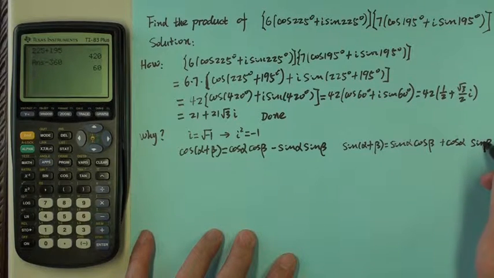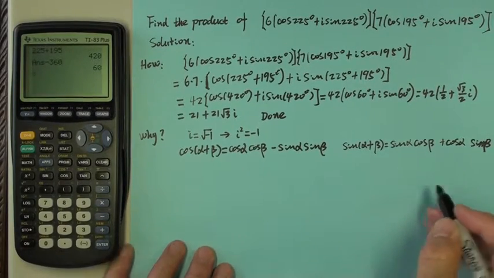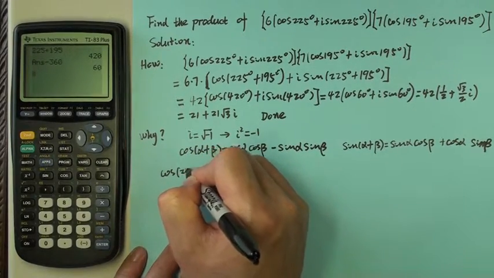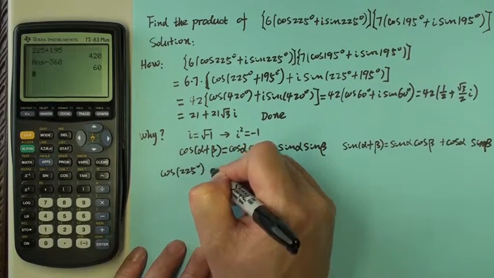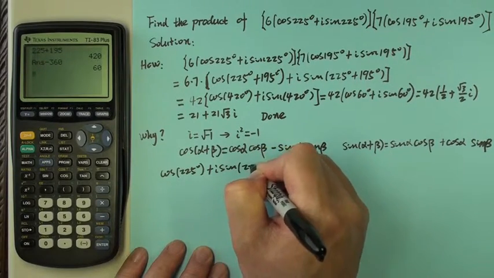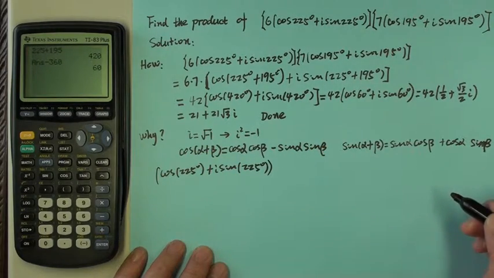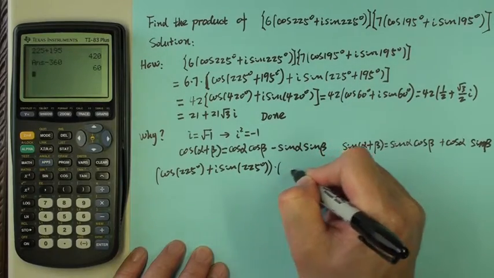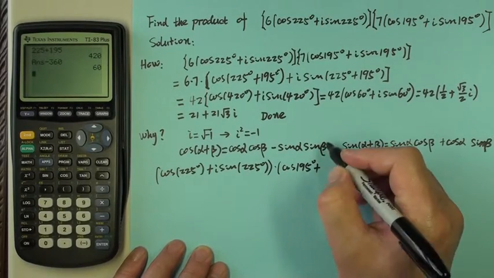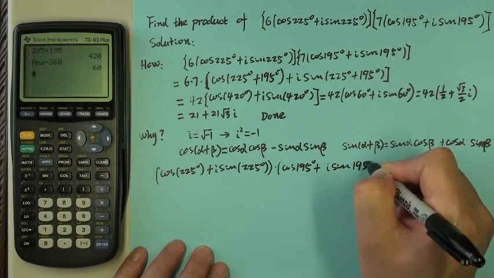All right. Now we would like to work on (cosine 225 plus i sine 225), this complex number in trigonometric form, times (cosine 195 plus i sine 195).